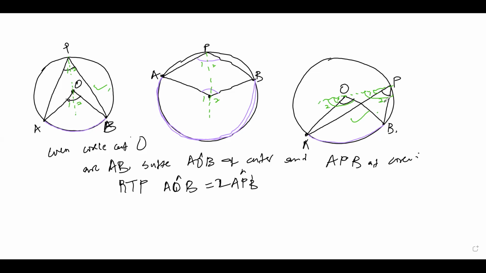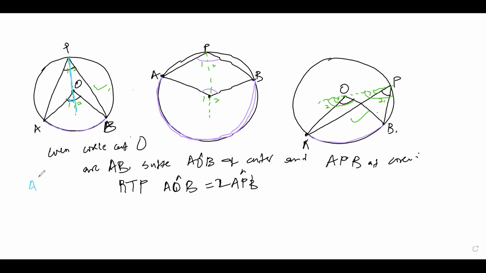Okay, so after you construct, if we focus on the first sketch, you have two triangles. When you extend the line on a triangle, you form an exterior angle of a triangle. And we said the exterior angle of a triangle is equal to the sum of the interior opposite angles.